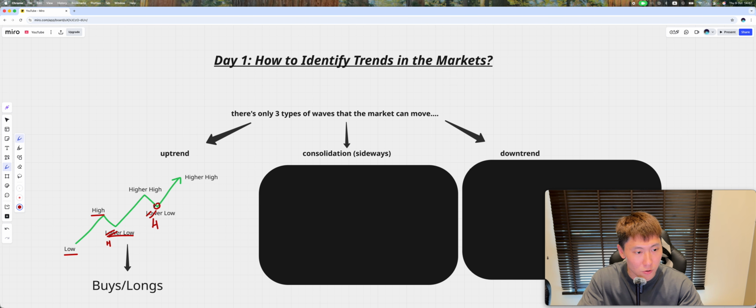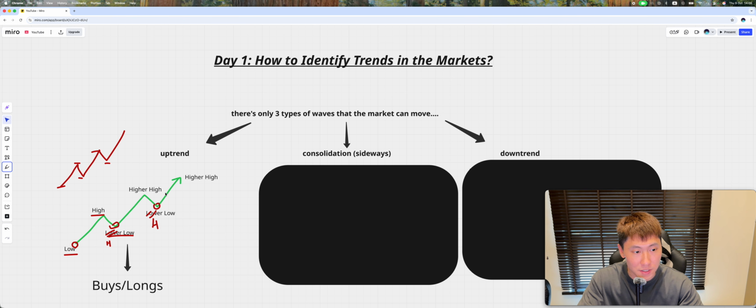As you can see, this low is higher than this low, and it's higher than this low. So there's always a higher low and a higher high. Once we have this pattern, we know it's an uptrend: a low, a higher low, higher high, higher high, higher low. So we know that this is a very clear uptrend.